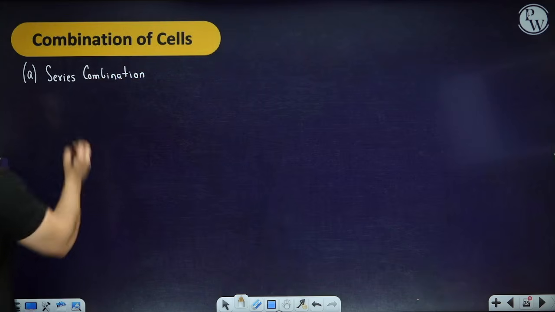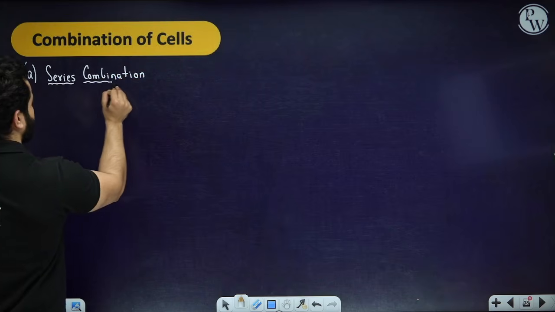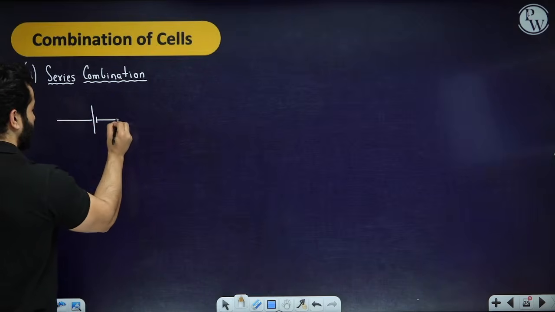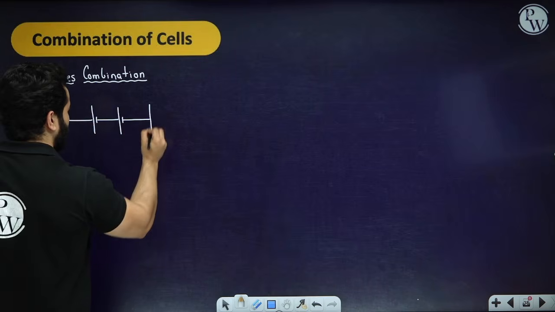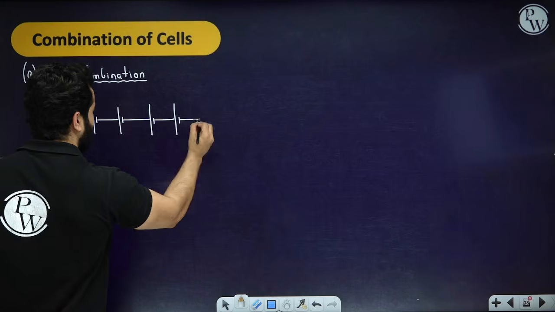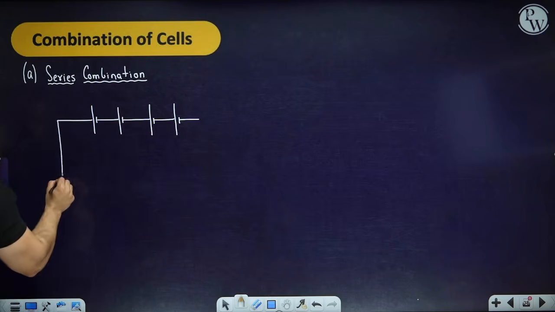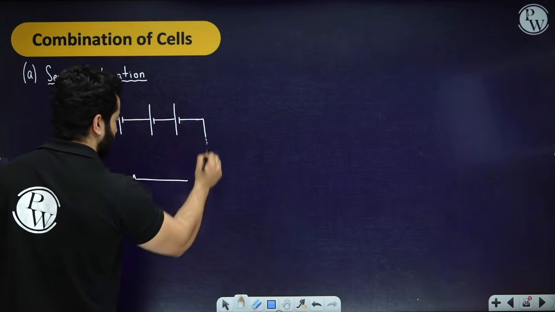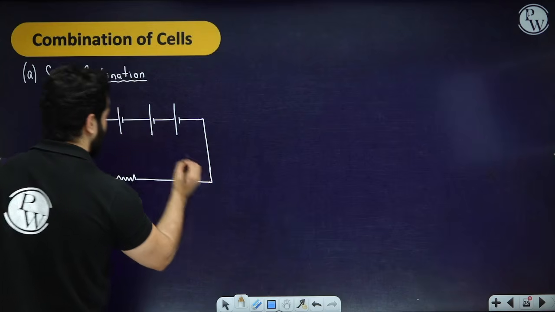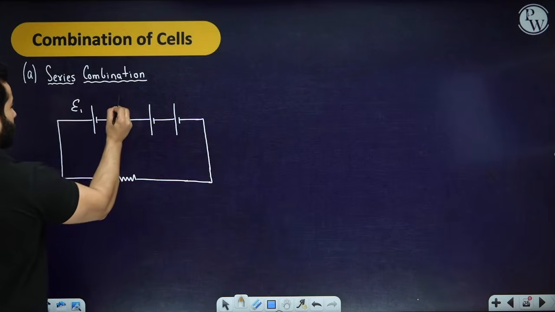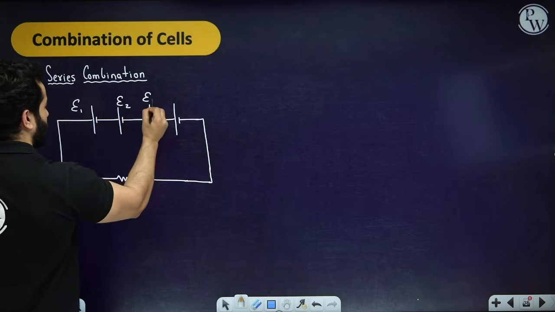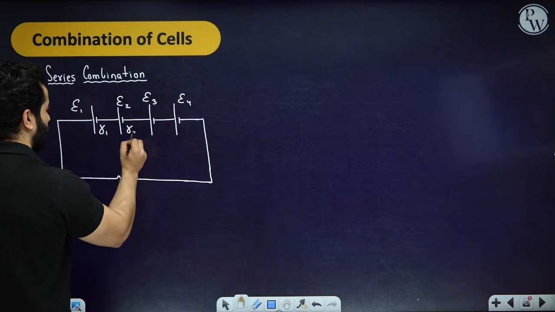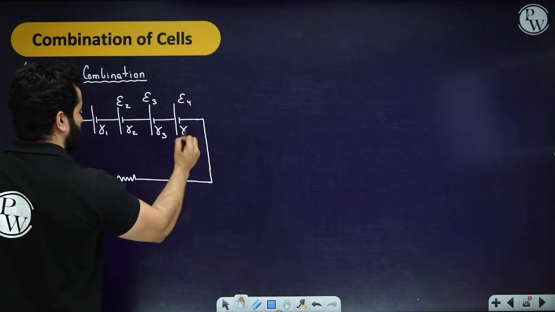Now in series combination, let's suppose we have got many cells connected, like for example E1, E2, E3 and so on, and a load resistance R is also connected with them. So this is E1, E2, E3, E4, with internal resistances R1, R2, R3, R4.